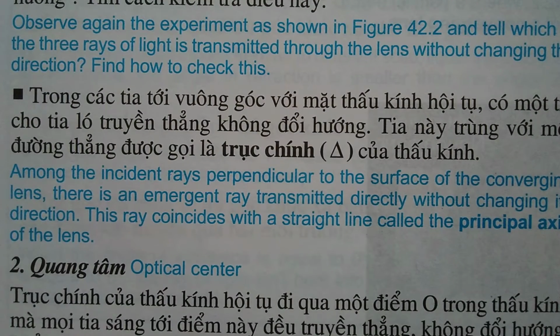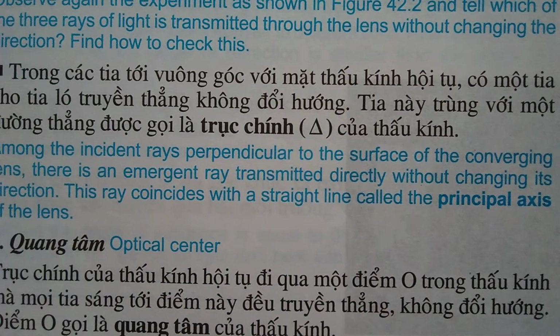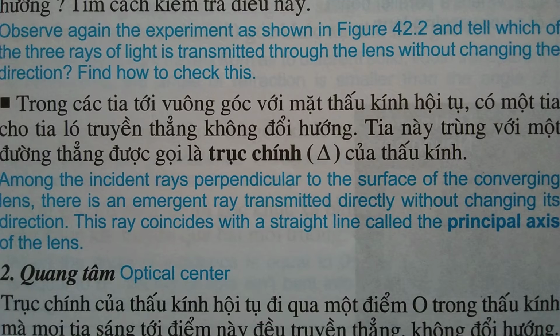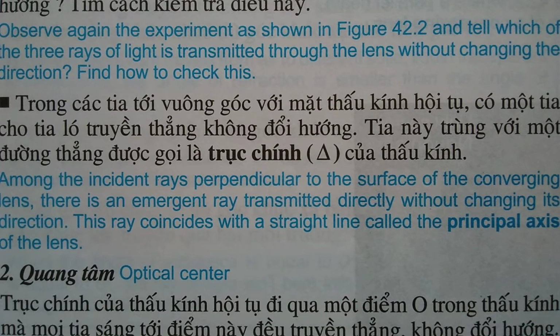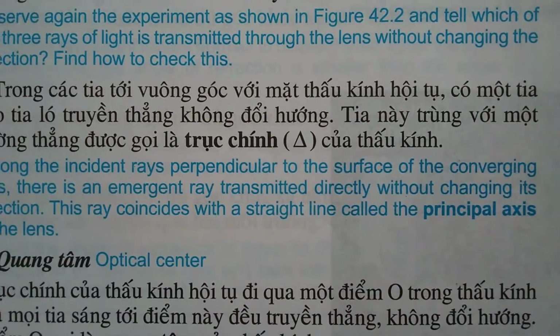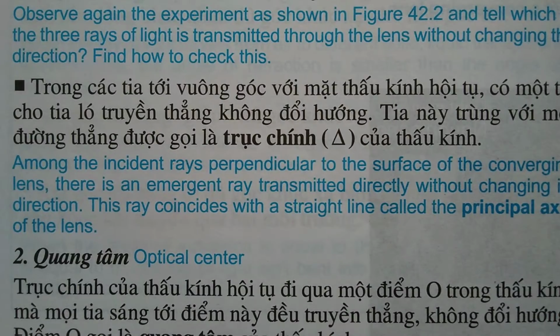Among the incident rays perpendicular to the surface of the lens, there is an emergent ray transmitted directly without changing its direction. This ray coincides with a straight line called the principal axis of the lens.